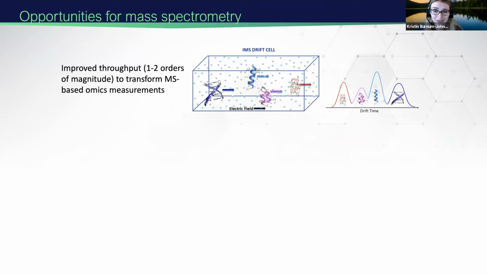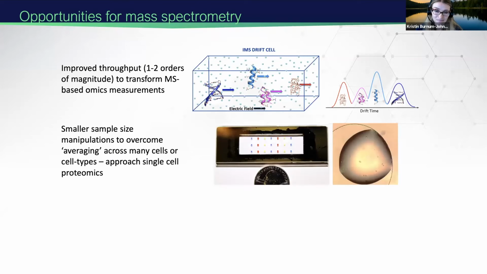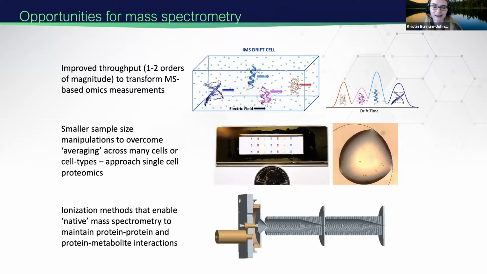So on the next slides, I'm going to introduce, as depicted here, high throughput gas phase separation of ion mobility separations, miniaturizing sample processing to nanoliter volumes to enable proteomics on small samples, and also analyzing large intact molecules such as top-down proteomics for intact protein measurements to understand proteoforms and how the different post-translational modifications affect one protein.